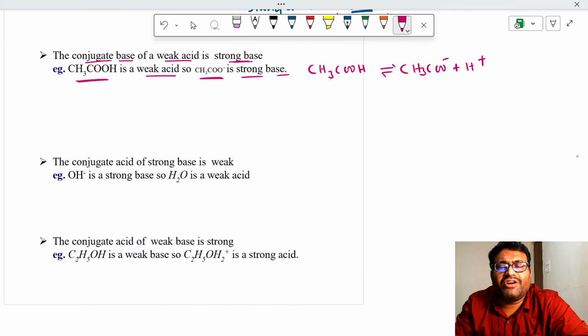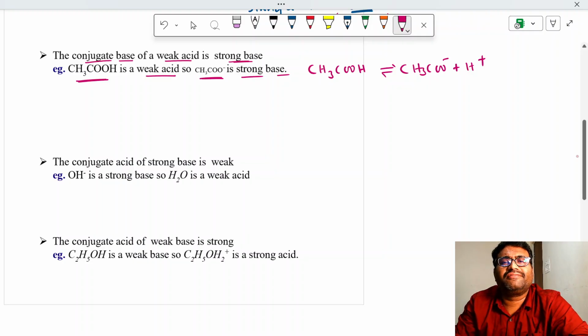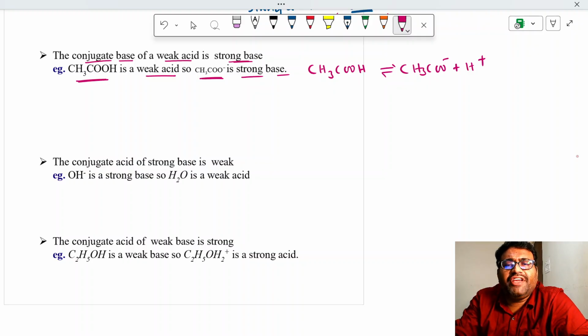This forward and backward arrow represents that it is weak. It is weak, which represents that it does not have much tendency to release a proton. So as it does not have the tendency to release a proton, we say that it is a weak acid.